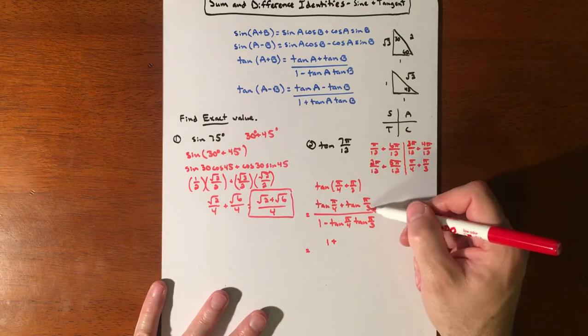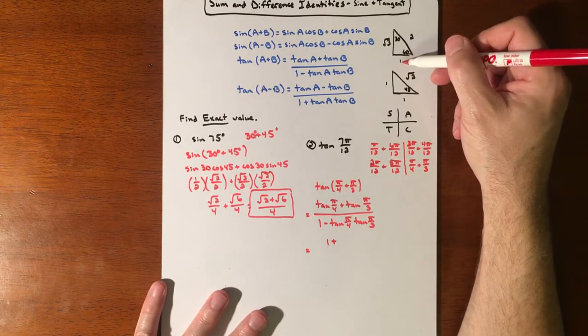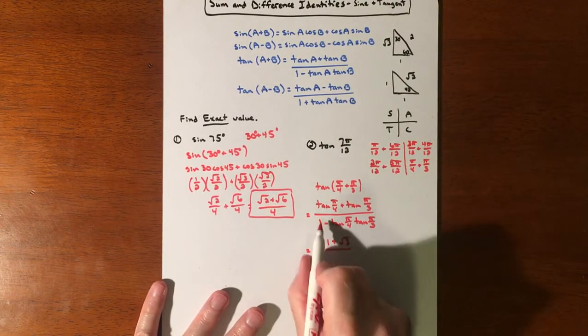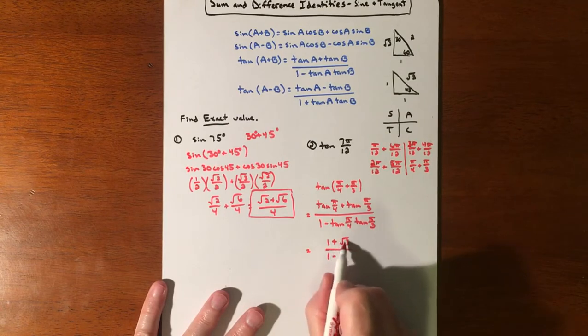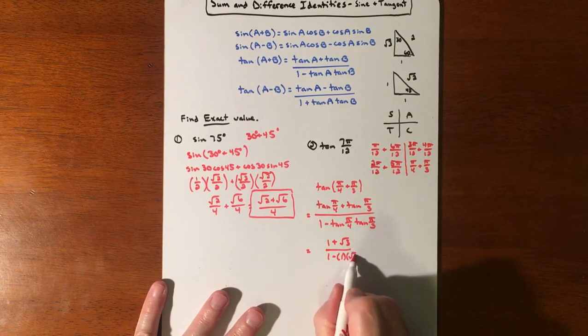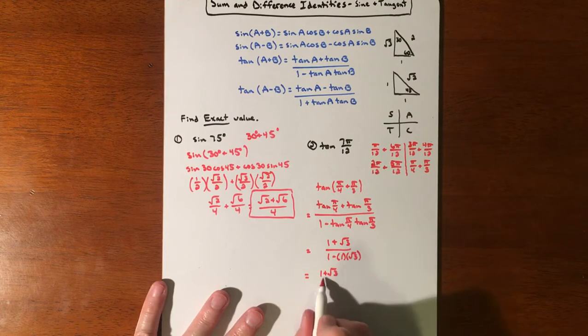Pi over 3 is a 60-degree reference angle, so opposite over adjacent is root 3. It's not bad. And then it's going to be 1 minus these same two numbers multiplied together, so 1 times root 3, which gives us 1 plus root 3 over 1 minus root 3.